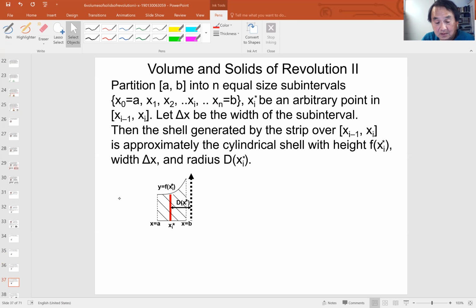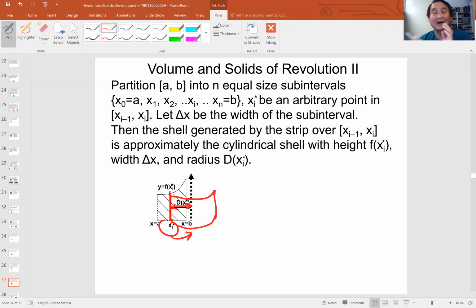Okay, and what do I have to track? Well, there are two things. As it generates a cylinder as it rotates, the formula requires we track the radius of the rotation. In other words, the distance from x, whatever the point x is, to the rotational axis.